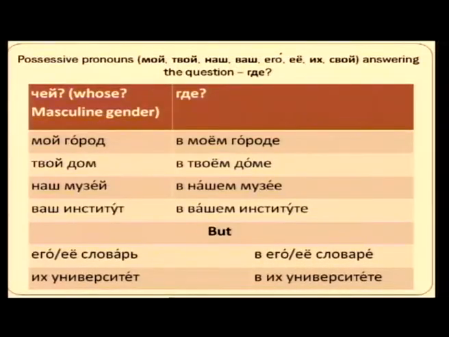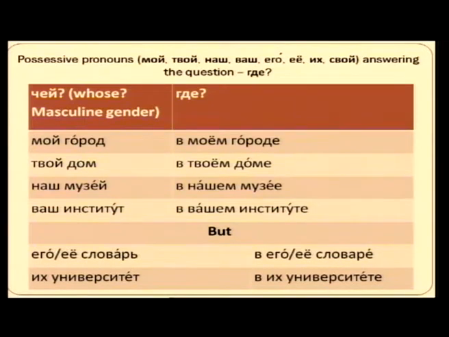So accordingly, in this context, we will use chei, chia, chio and chi with certain examples. Please pay attention to the slide again. Moi gorod, v moyom gorode, tvoi dom, v tvoyom dome, nash muzei, v nashem muzee, vash institut, v vashem institute.